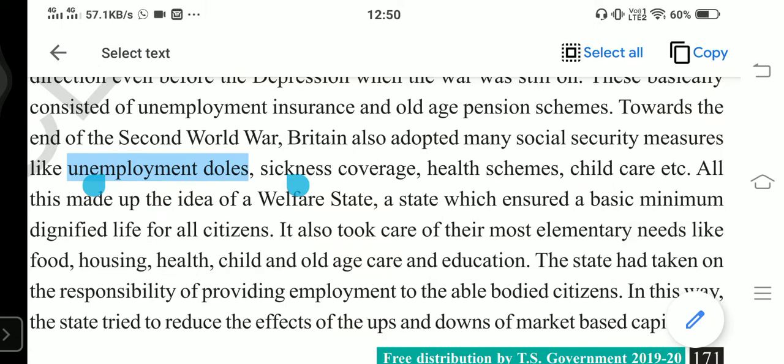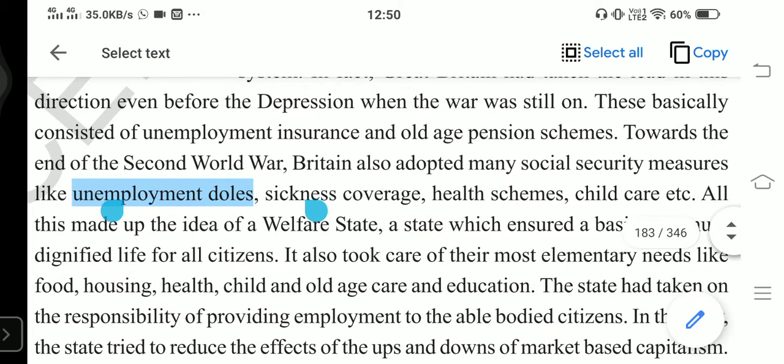A state must be a welfare state. What is meant by a welfare state? A state has to provide social security, pensions to old age people, unemployment insurance, and child care, and health schemes have to be established to keep the health of the public.